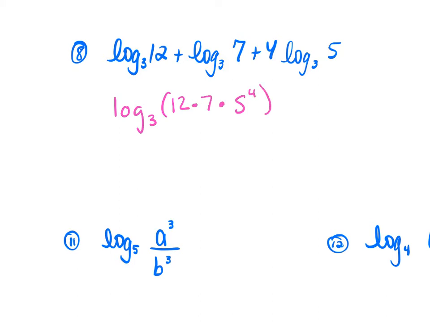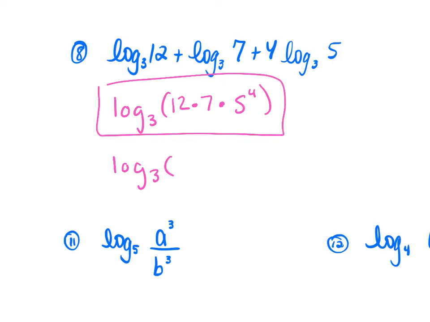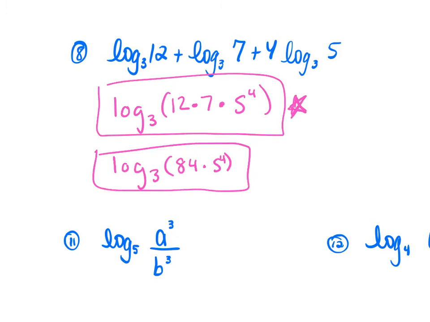On the test for tomorrow, if you want to just leave it like this, you can leave it like this. If you want to multiply everything on the inside and simplify it even more, 12 times 7 is 84. So you could have 84 times 5 to the power of 4 and leave it like this. You could do 5 to the power of 4 and then multiply that times 84 and you'd get a really big number inside. So it's up to you. If you just want to leave it like that, totally fine.